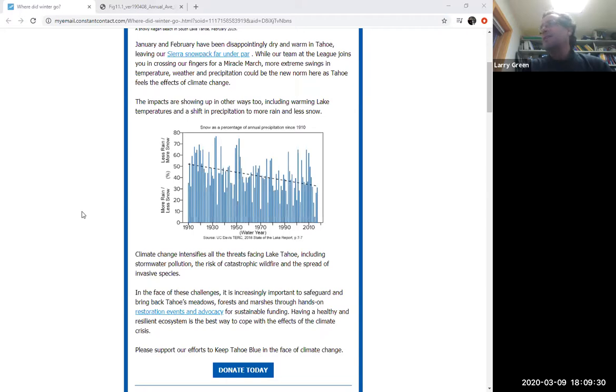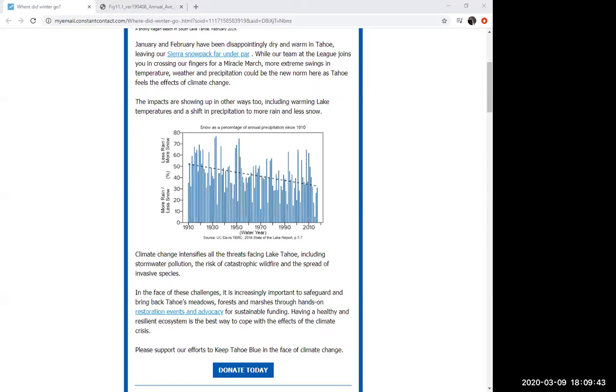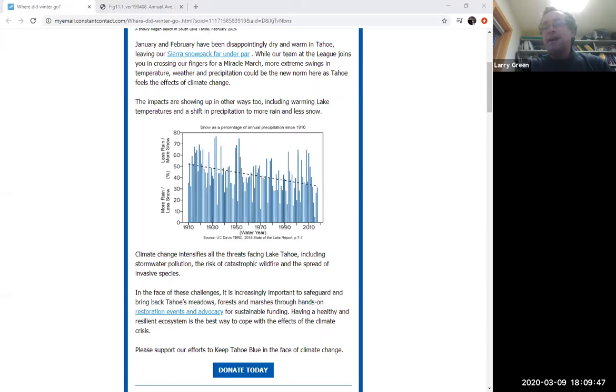Any thoughts? Both of you should care because it affects you personally. No idea? Because we've been in droughts. Yeah, because I don't know if you realize, but your water comes from our snow.